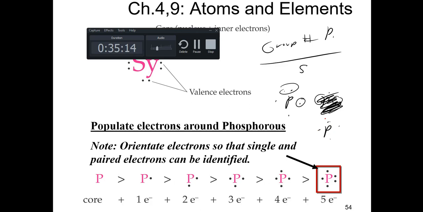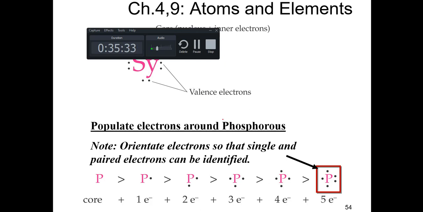This one would be correct because there's 1 pair and there are 3 unpaired electrons. Here's another version which is also correct. Again, 1 pair and then 3 unpaired electrons. So you have a little bit of leeway in doing it. I'd advise just sticking with the clockwise method because you won't make mistakes.